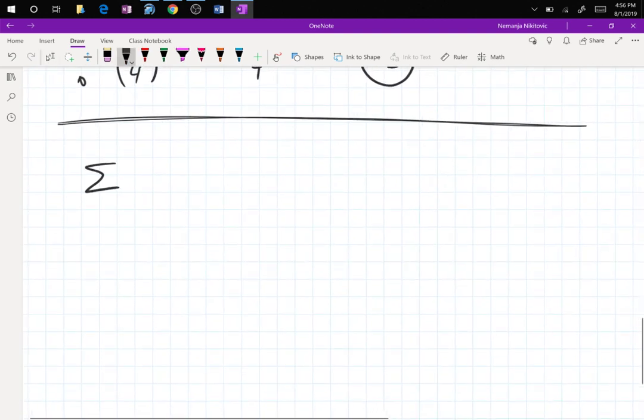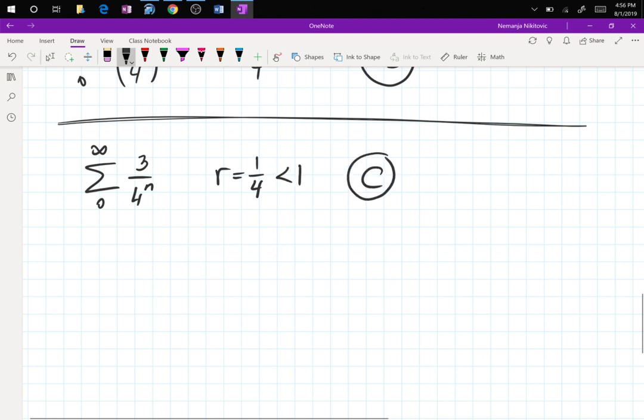So now you have the summation from 0 to infinity of 3 over 4 to the n. You look at this quickly and say, okay, my r is 1/4, less than 1, converges by the geometric series test. We'll just put GS later on, faster.